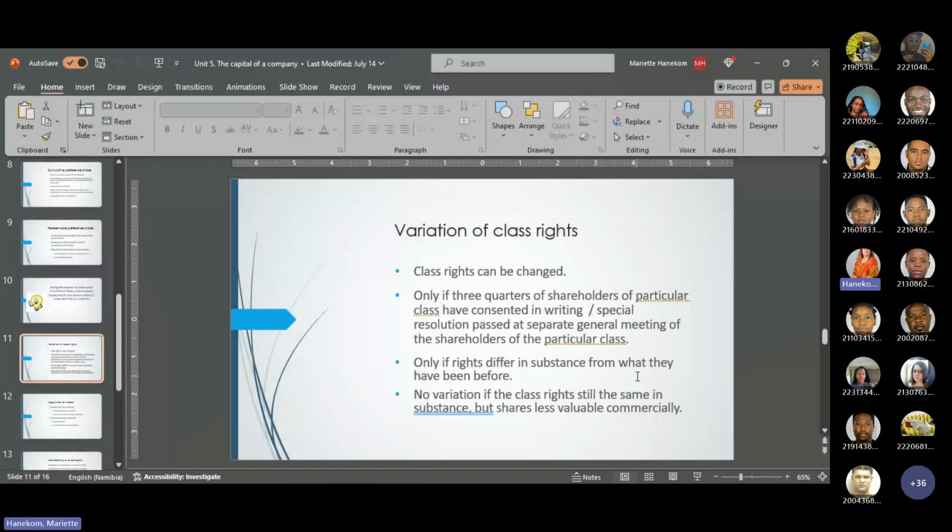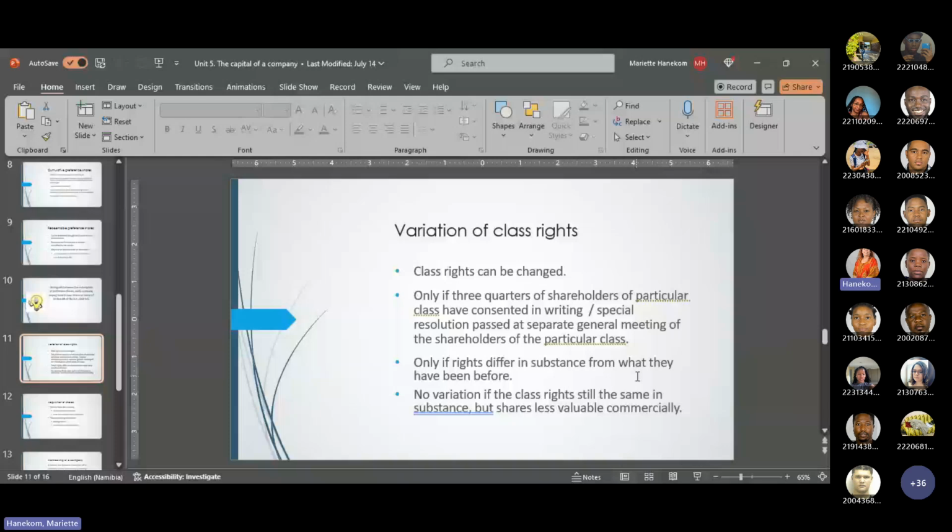If they remain in substance the same rights, but their shares are less valuable commercially, the value of the shares, they can't resell them for as much, on the open market they're going to get less for them, that is not a variation of class rights.